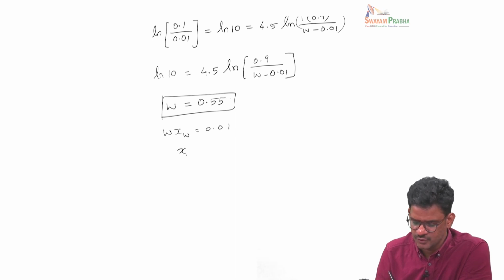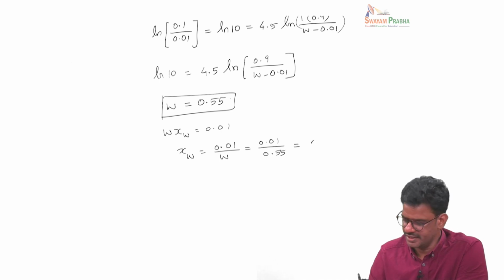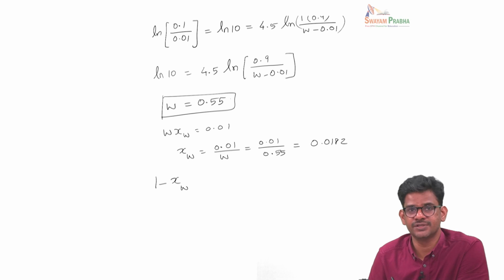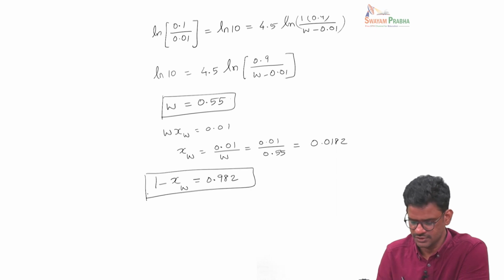So, from here we can solve for XW and we get 0.0182, and what we need is the composition of component B in the residue, that is 1 minus XW. So, that is 0.982. So, this is the answer.